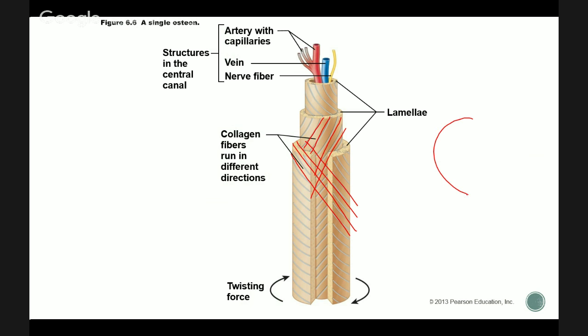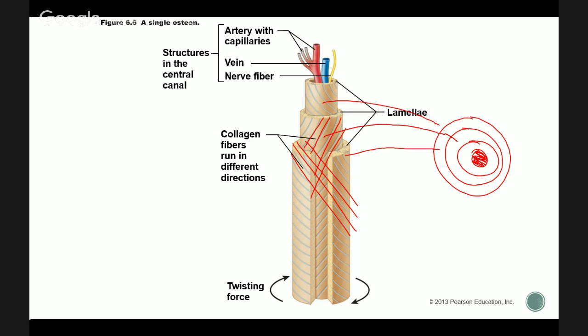Remember, if you looked at compact bone under the microscope, you had multiple rings of bone and then a dark spot in the middle of it, right? Yeah, that's what these layers are, the concentric layers. So that's the outer layer, then the inner layer, and then the inner layer to that, and then we have the hole here. What's in that hole are the vascular structures and the nervous structures.